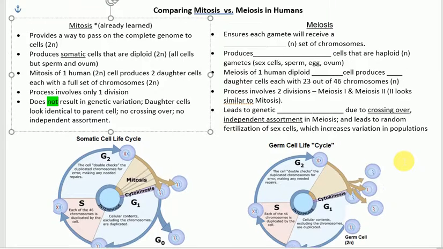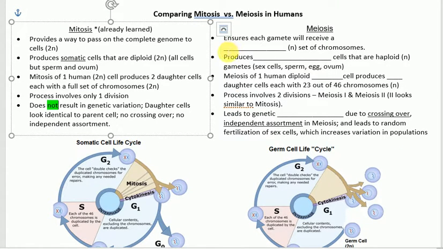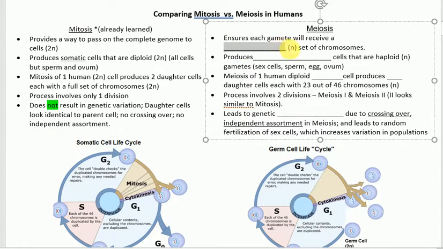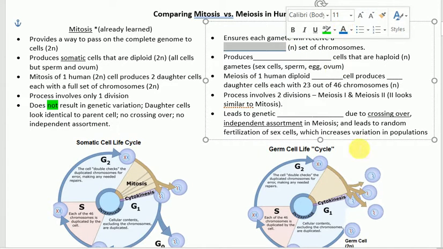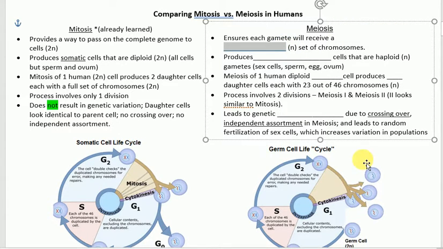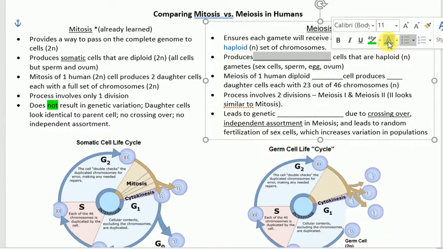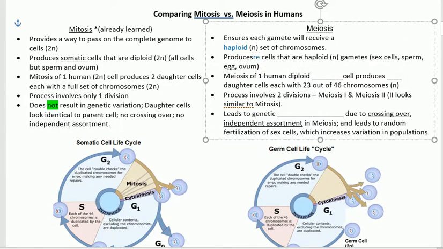So let's talk about meiosis. Meiosis is going to ensure that each gamete is going to receive a haploid set of chromosomes, so just an N. And it is going to produce the reproductive cells that are haploid gametes, our sex cells, so sperm, egg, ovum.